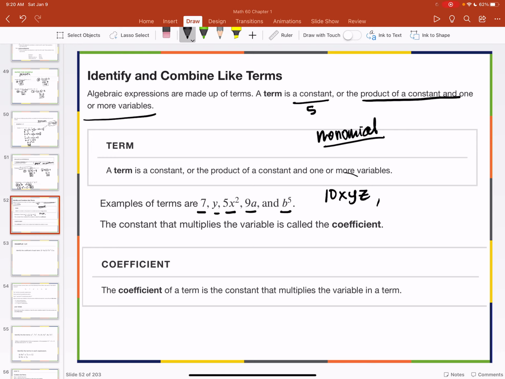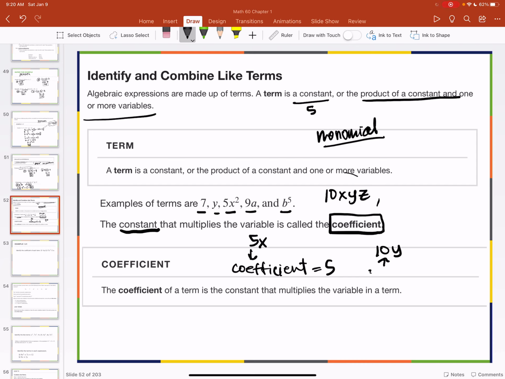Now, if you have a constant in your term, that constant has a special name. It's called the coefficient. So let's say here, for example, you have 5x. Your term is 5x. What's your coefficient? Your coefficient is just 5. Okay, so let's say if you have 10x, 10y, whatever, who cares what the variable is, okay?